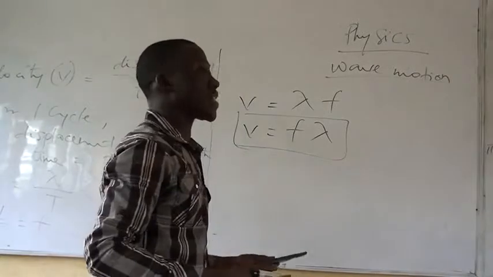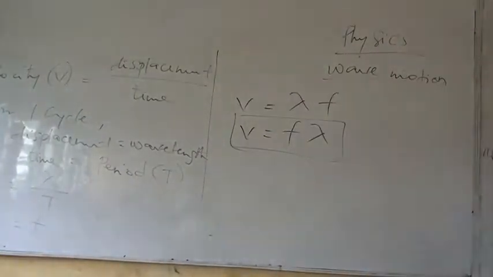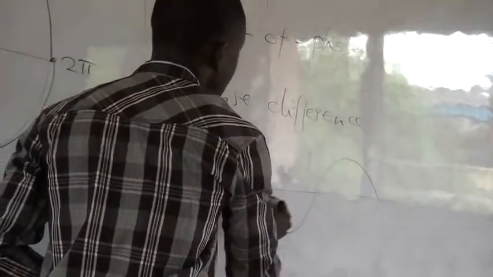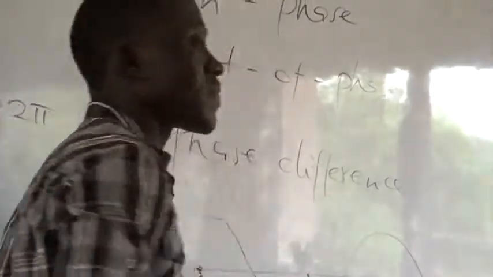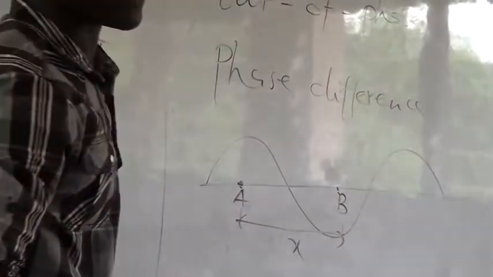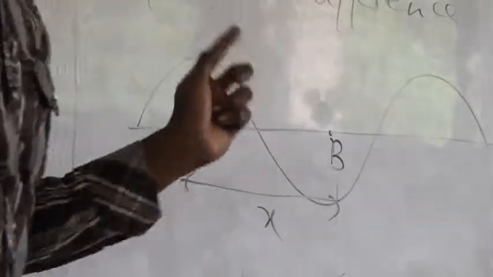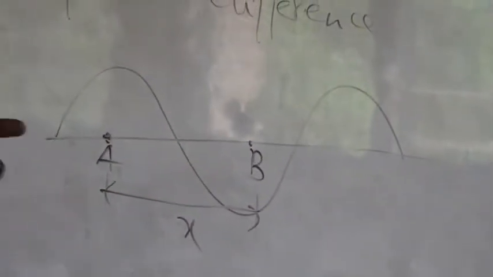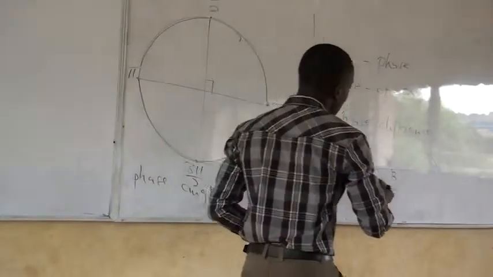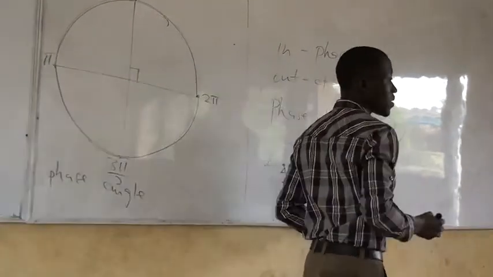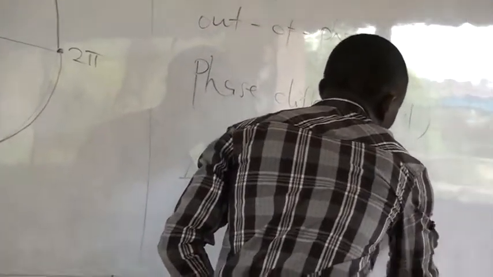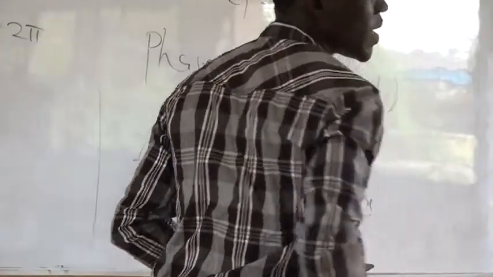So if you have 2 points along a wave, for example, point A and then point B, separated by a distance x, then since they do not have the same phase angle, there is a phase difference between them, and I can find that phase difference using the expression, with the symbol phi, phi is equal to 2 pi x over lambda.